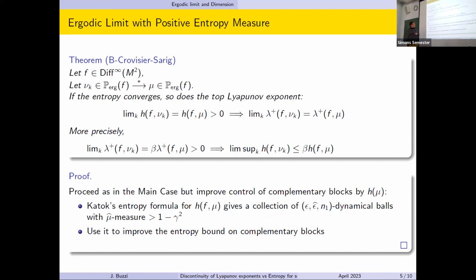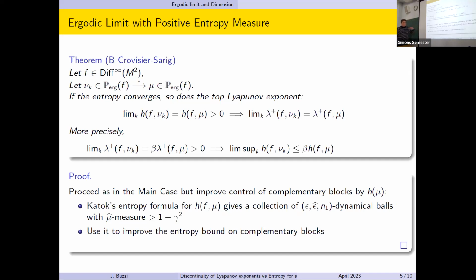And then what we get, more generally, is that if the entropy converges and is positive, then the Lyapunov exponent also converges. So this idea of continuity of the entropy implies a kind of continuity of the exponent.